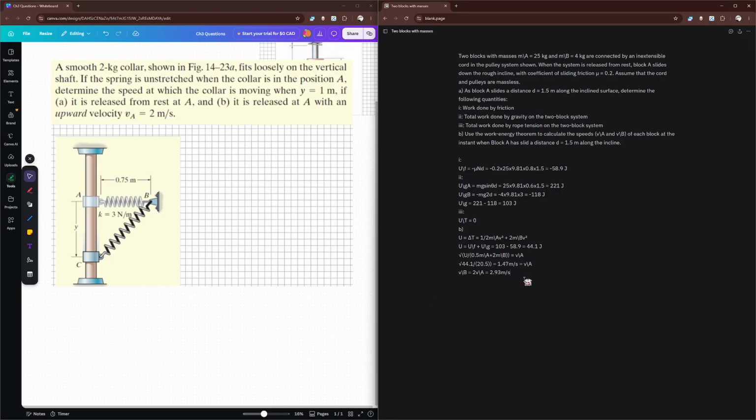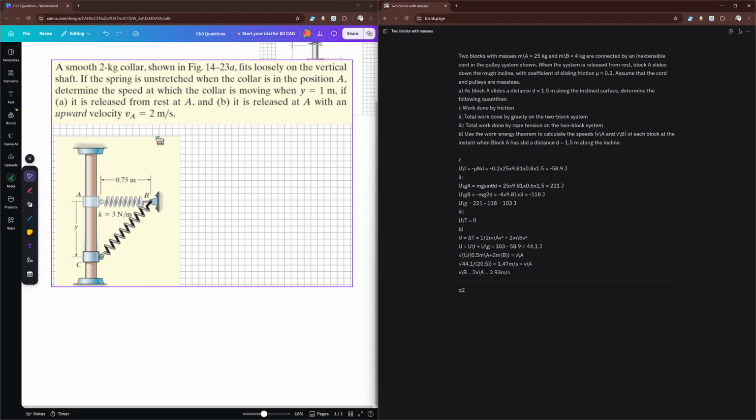Okay, there. So Q2. A smooth 2 kilogram collar fits loosely on the vertical shaft. The spring is unstretched when the collar is in position A. So here, determine speed when y equals 1. If it is released from rest at A and it is released at A with an upward velocity VA equals 2 meters per second.